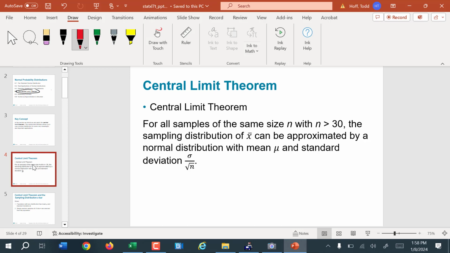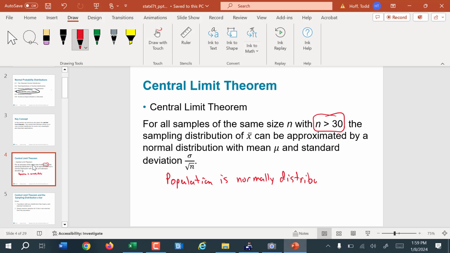So first of all, if we're looking at estimating a population mean, whether the population is normally distributed or not, if the sample size is 30 or larger, the sampling distribution of the sample means of X bar can be approximated with a normal distribution. That's significant. It makes sense that if the population is normally distributed, the sampling distribution of the sample means would be normally distributed.